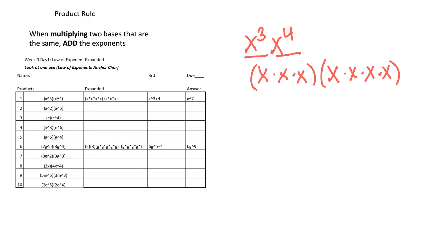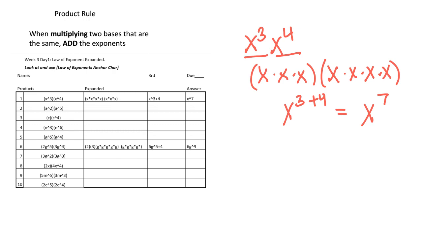So in the next column, I'm going to combine all of the bases that are the same. Here I have x to the 3rd, and then over here I'm adding the 4 other x's, which will give me my answer of x to the 7th.